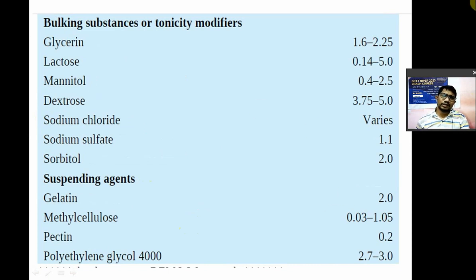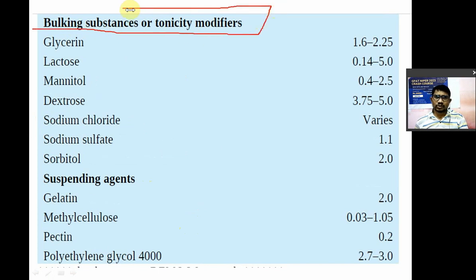Now bulking substances or tonicity modifiers. Isotonicity modifier: 0.9% weight by volume sodium chloride is isotonic with blood plasma.